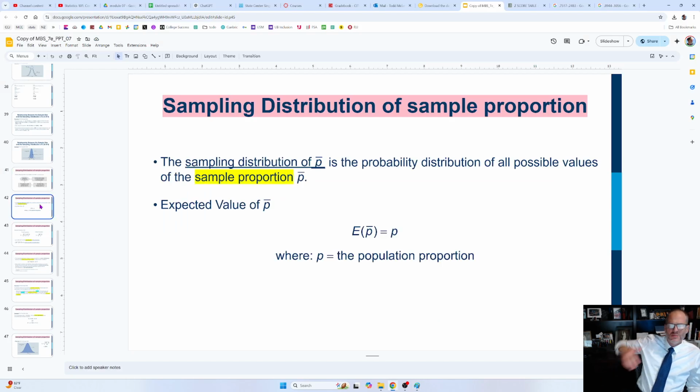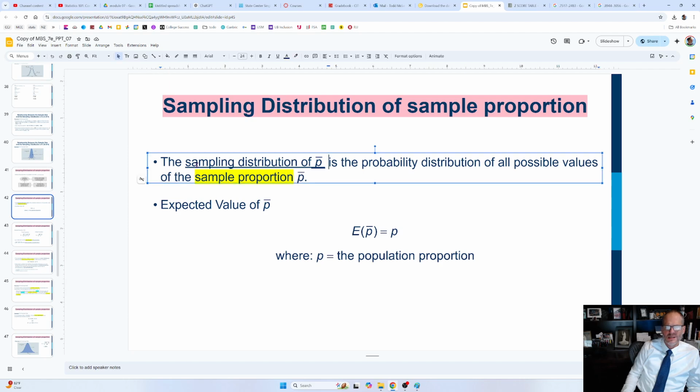And so the sampling distribution of the sample proportion is the probability distribution of all possible values of the sample proportion. And again, we're dealing with a sampling distribution of the sample proportion. I was going to highlight this, but I can't highlight it. All right, that's fine.